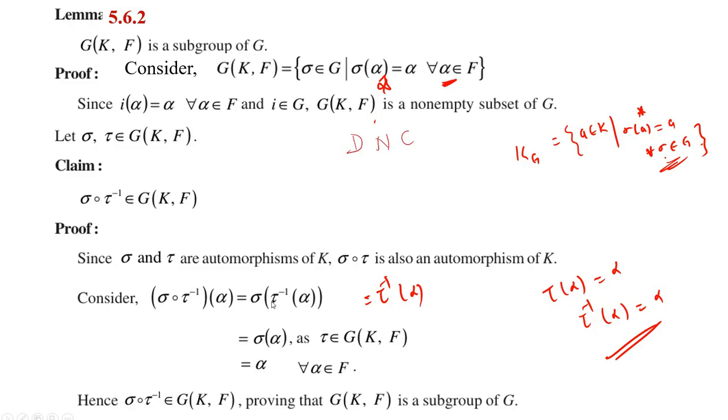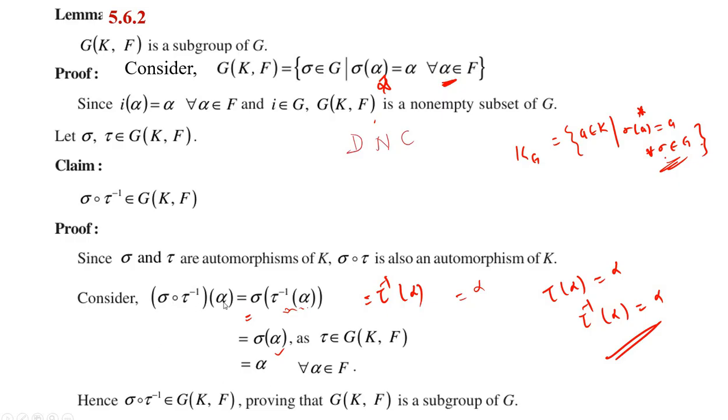In that way also we can argue. You can argue in both ways. First, you are applying tau inverse of alpha, and from here it is equal to alpha. But if you finish off what is inside the bracket first, then you will have sigma of alpha, and sigma of alpha must be alpha because sigma is a member of GKF.